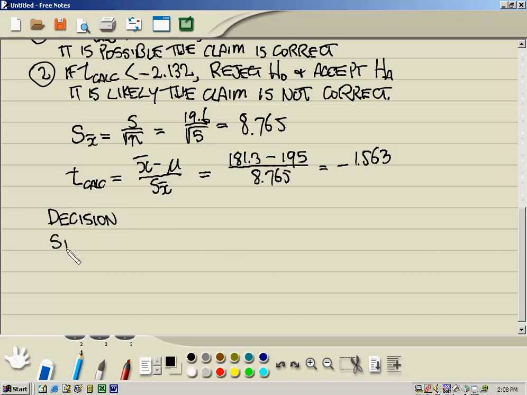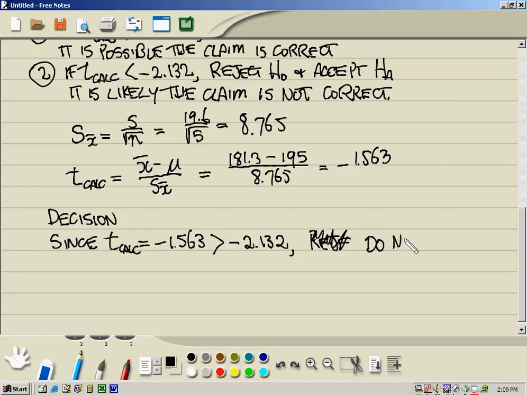Decision: since t-calc is equal to negative 1.563, and since that's greater than the negative 2.132, the sample value is too close to call. We will say do not reject the null.